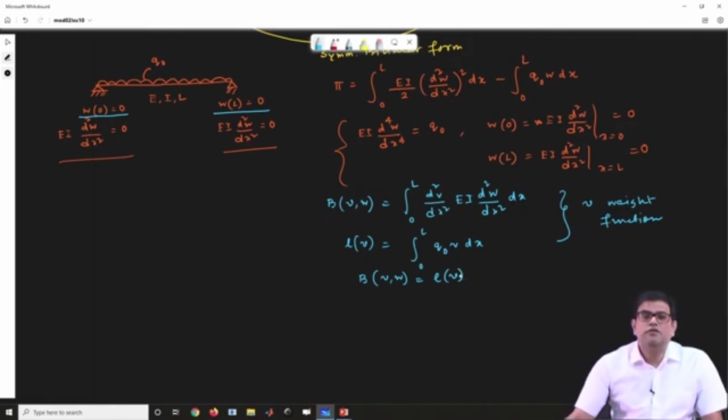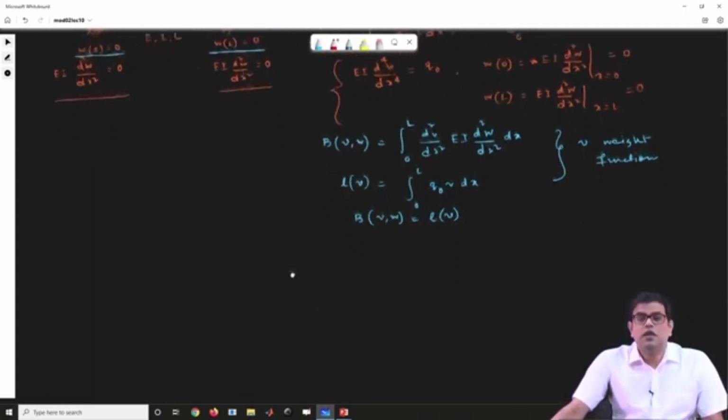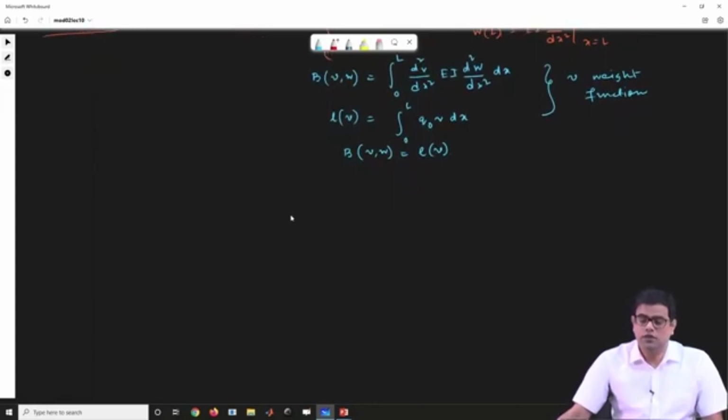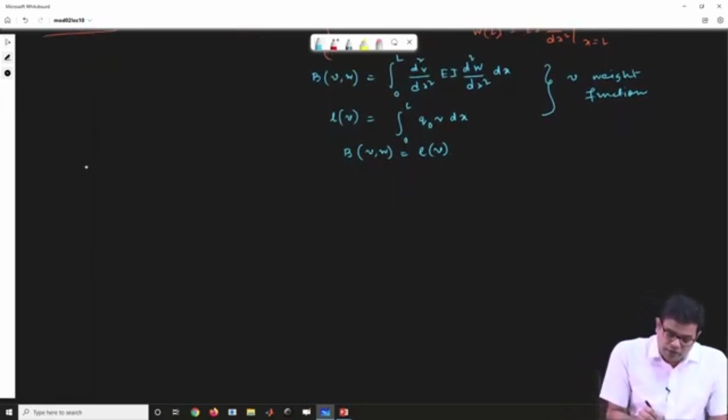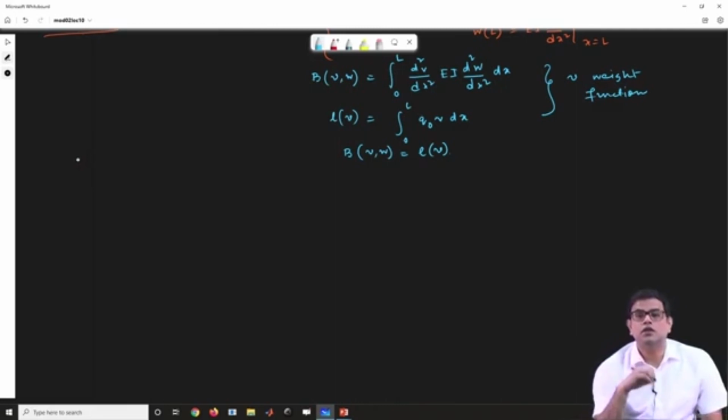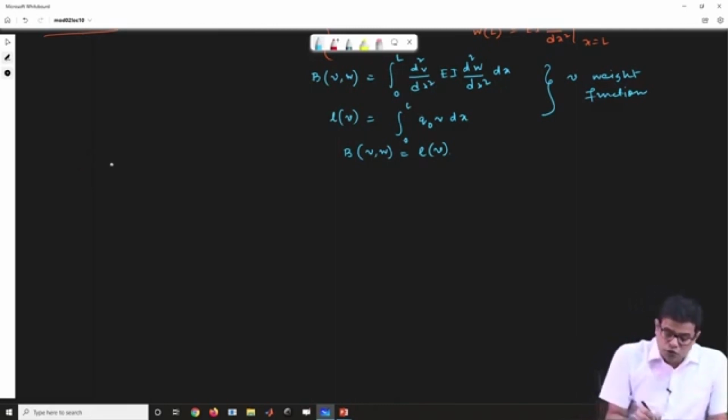Now, even if we have this weak form, our objective is how to solve this weak form. So one of the methods is how to approximate this problem, or how to find the solution of this problem. To do that, one of the methods I will discuss today, or I will start today, is the Rayleigh-Ritz method.